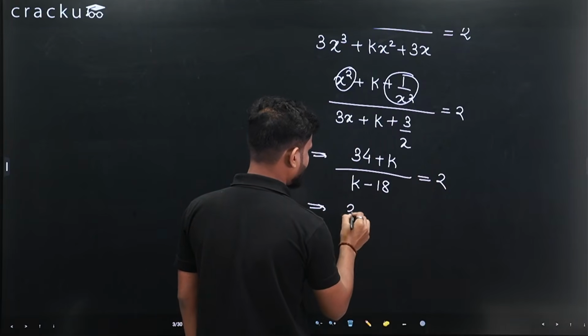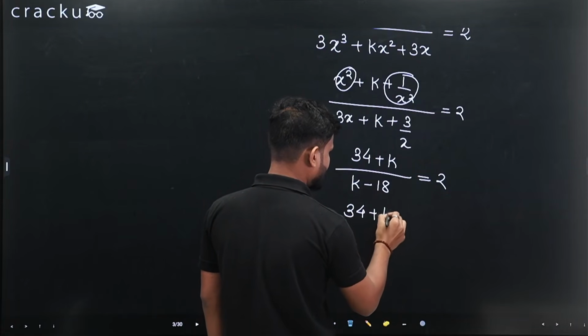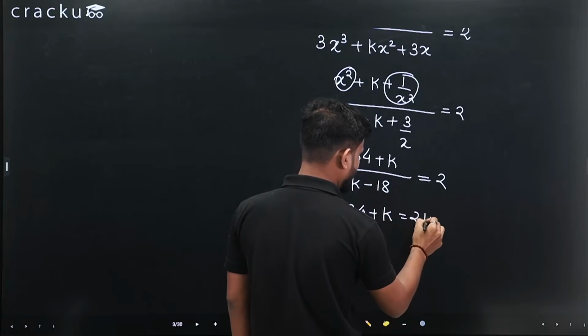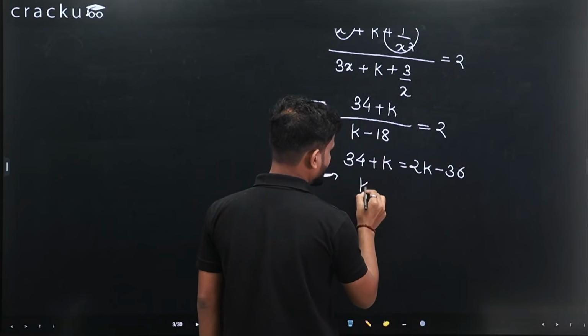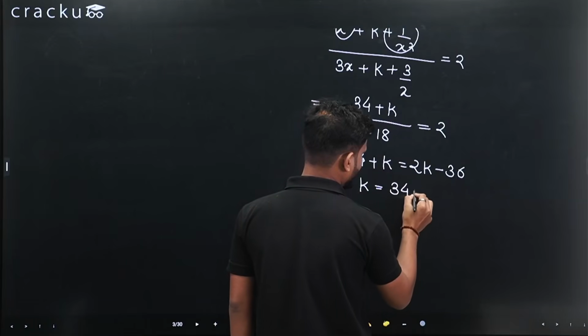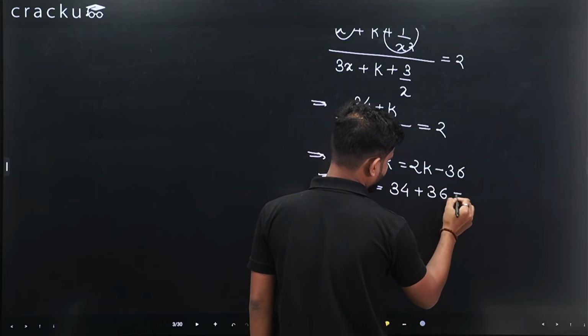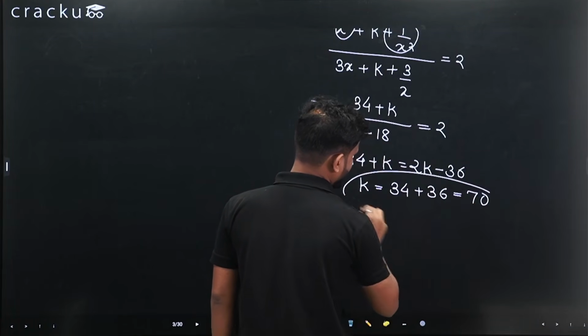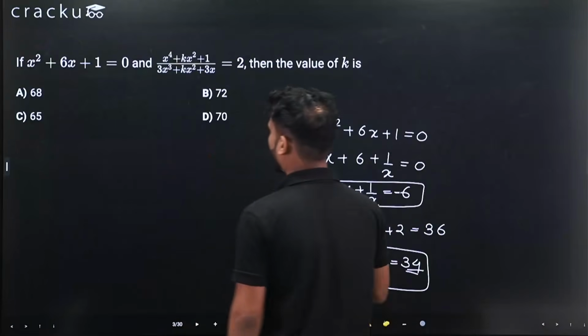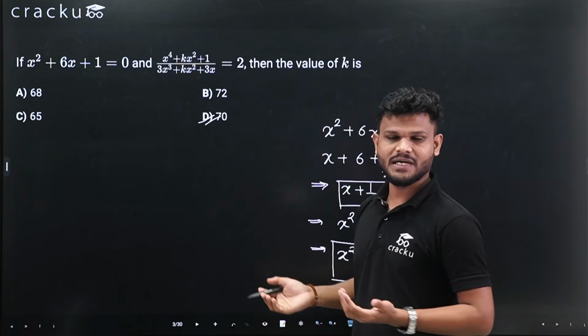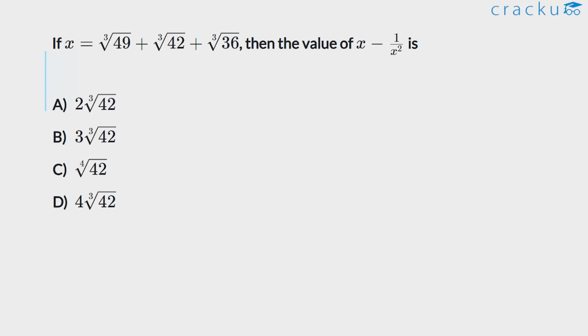From here you get 34 plus k is equal to 2k minus 36, or k is equal to 34 plus 36, which is nothing but 70. So we had to find the value of k, which is 70, and it is given in option D. So option D is the correct choice for this question.